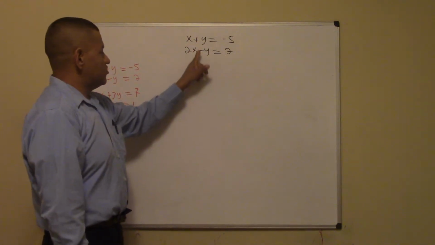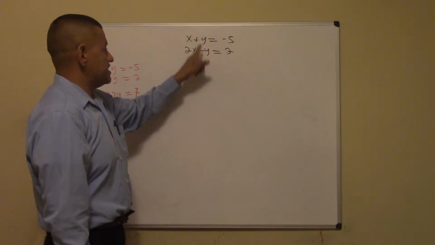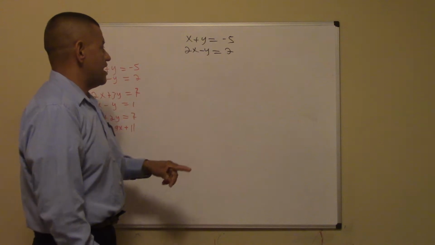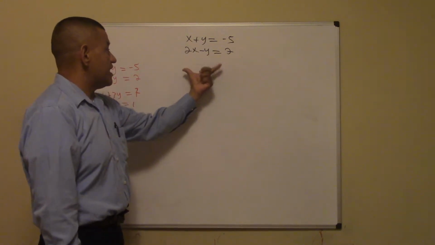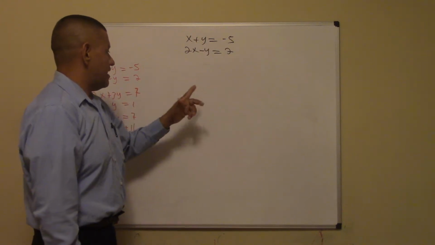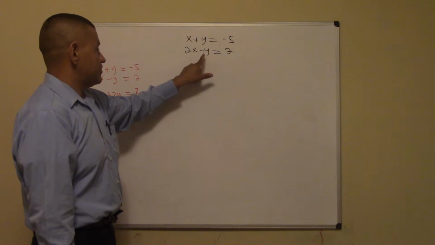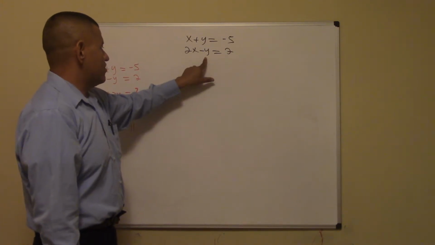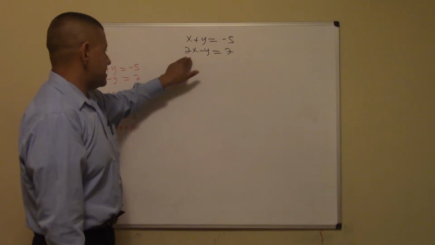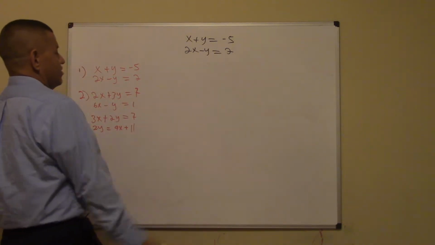Well, to eliminate y will be easy because they have opposite signs, right? They cancel each other out. When I add these two equations together, this y with that y will cancel each other out, which gives me a 0, and then I add my x's on this side and I solve for x, right? So, okay, so let's do it.